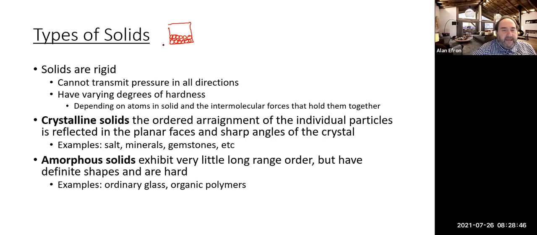Now, there are two main types of solids. A crystalline solid has very ordered arrangements of individual particles, reflected in planar surfaces. These are things like ionic compounds, like salts, that have very long range order.